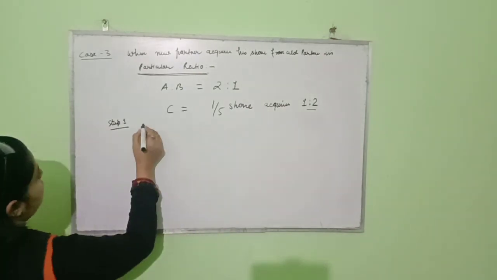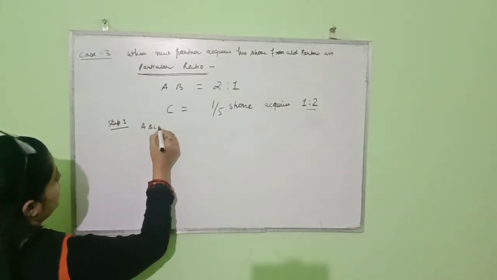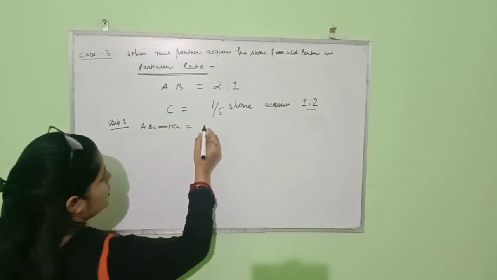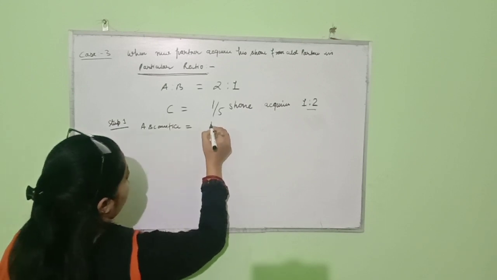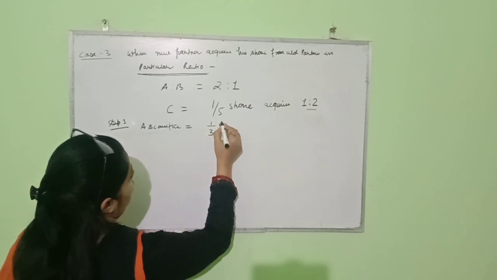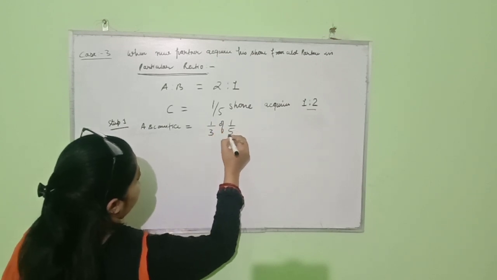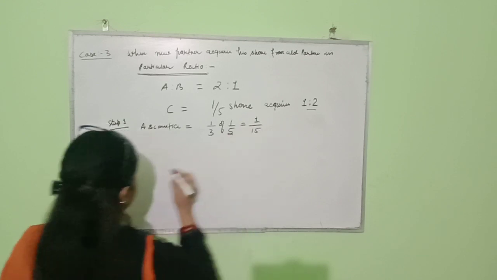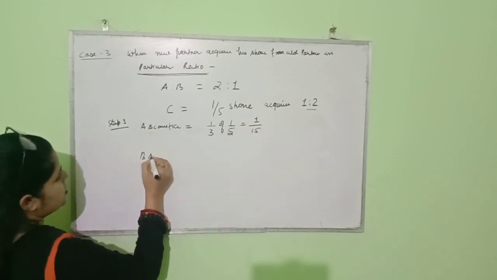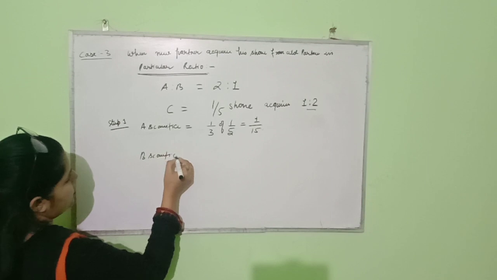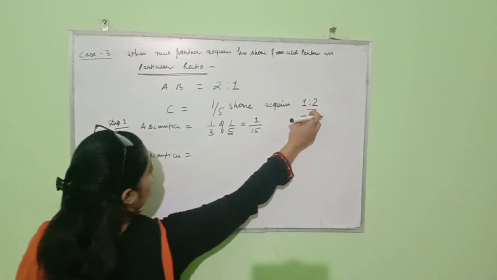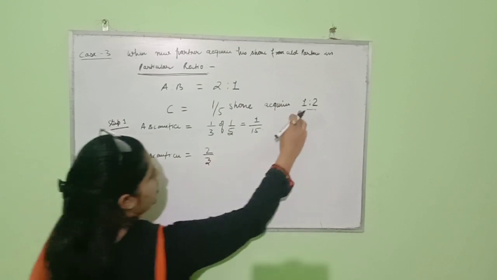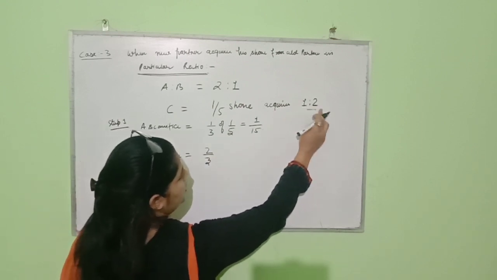So A sacrifices 1/3 of 1/5, that equals 1/15. Similarly, B sacrifices 2/3. In the particular ratio, how much was it? 2/3. 1:2, 1/3, 2/3.